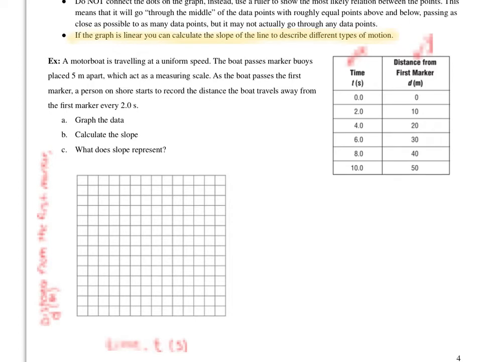So counting here, we need to go up to 10 seconds. So starting at 0, let's just count how much space we've got in our graph here. 1, 2, 3, 4, 5, 6, 7, 8, 9, 10. 10 seconds takes us to here, which looks pretty good. That looks like we've used about 2/3.